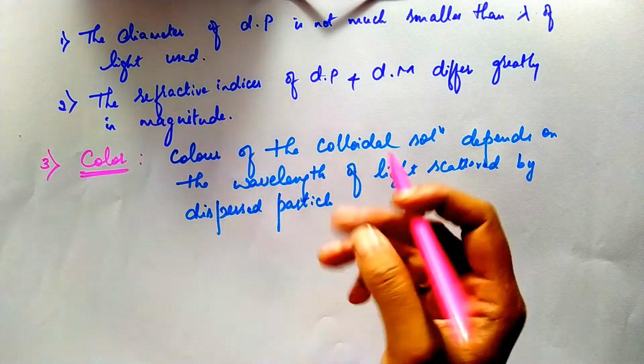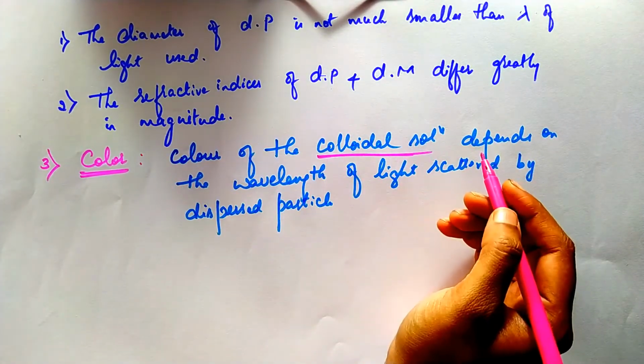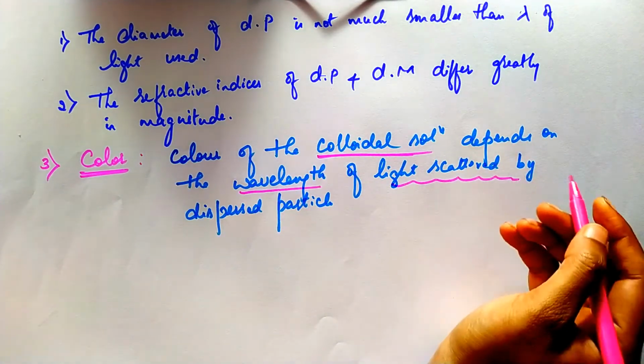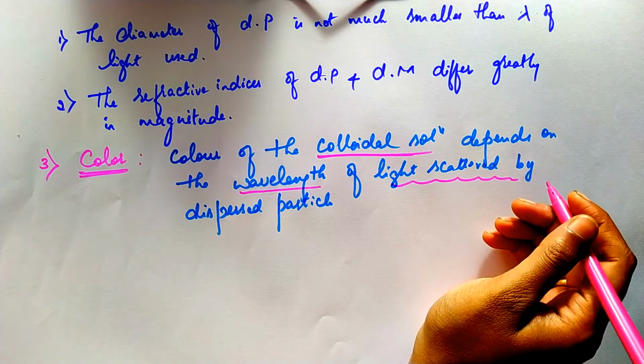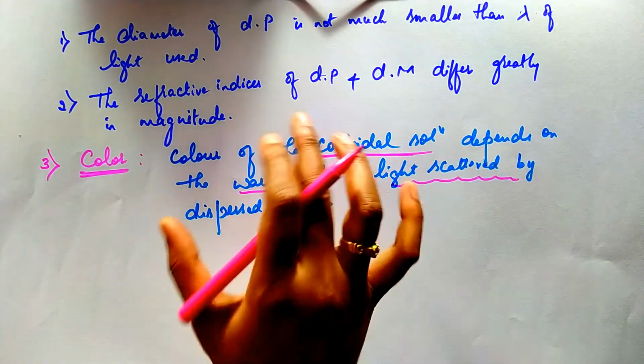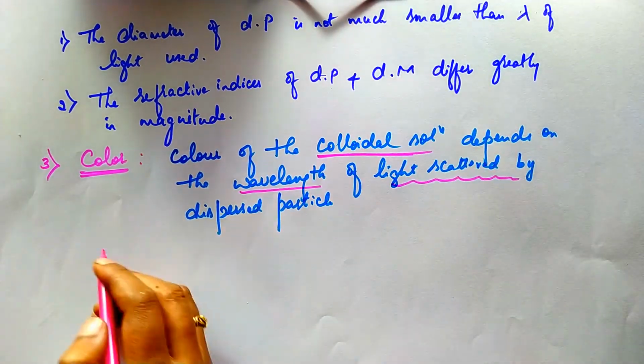So what it means is, the color of the colloidal solution depends on the wavelength of light scattered. At what wavelength the light has been scattered, on that basis we can decide the color of the colloidal solution. You all know the visible rays, that is VIBGYOR.